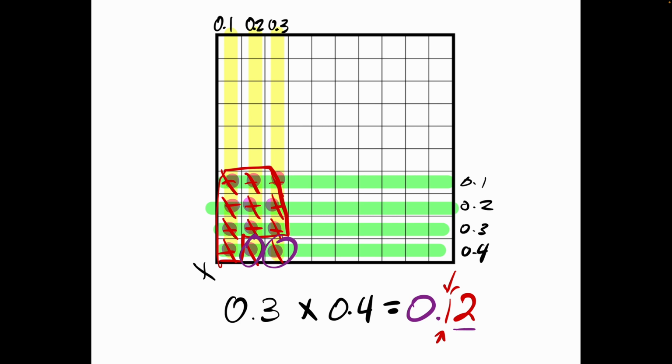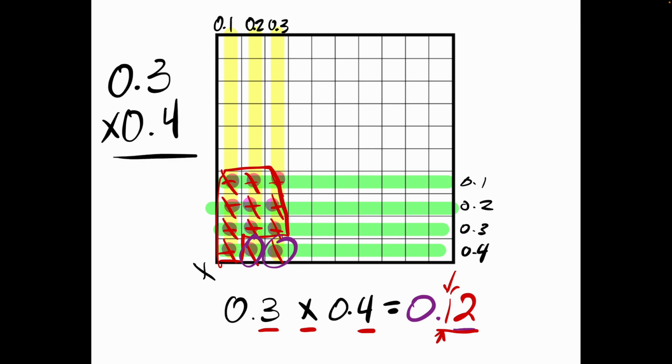For a lot of my really astute students out there, you may have already noticed something. 3 times 4 equals 12. So, if you knew that, how could you apply it to the expression? Well, I'm going to rewrite the expression so you can see how you would apply it. 0 and 3/10 times 0 and 4/10.